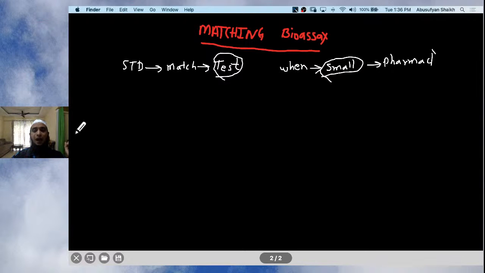Okay. Now let's see how to perform matching bioassay. The way we perform all other types of bioassay, like we did in the last practical about interpolation bioassay, in a similar fashion we also take the reading in case of the matching bioassay. Every time whenever we conduct any type of bioassay, first we take the reading of the standard. Why do we take the reading of the standard?